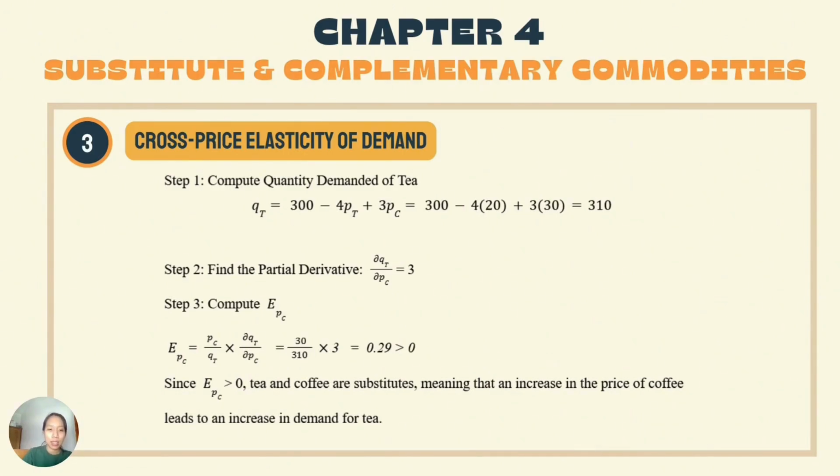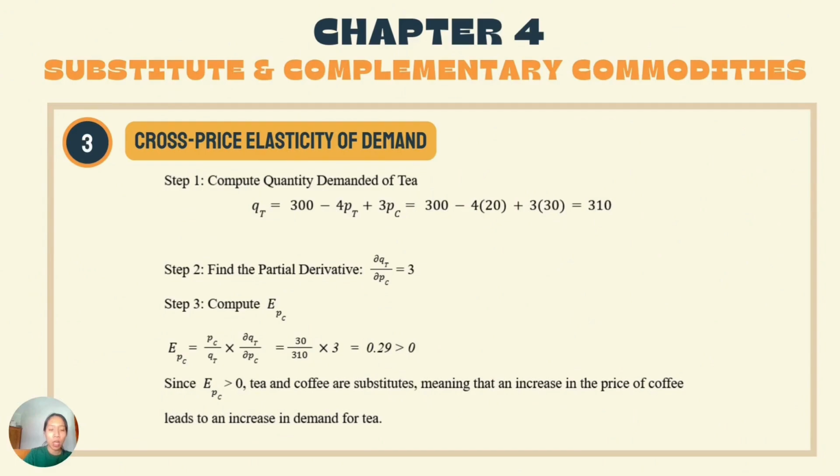Now we calculate the cross-price elasticity of demand. Okay, so we use this formula. The price of coffee we have before is 30, and the quantity demanded of tea, from the result of step 1, is 310.